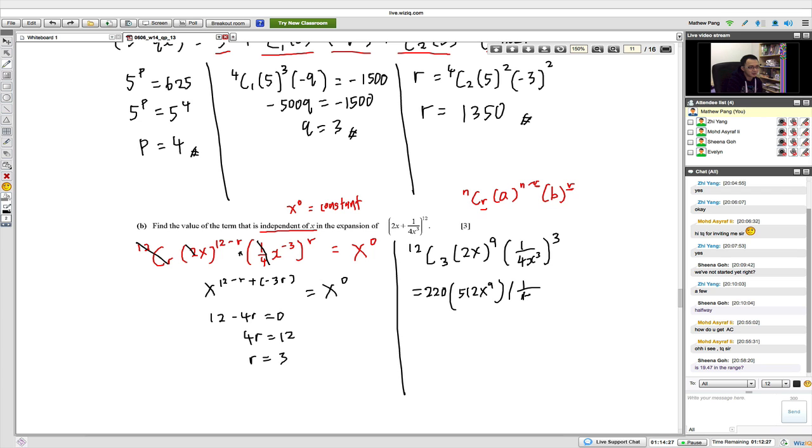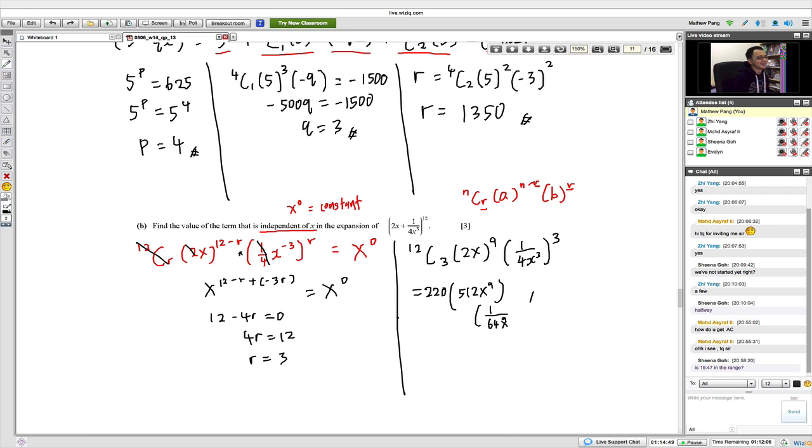What happened here? Cannot write here. It's okay, never mind. I write at the bottom here. It's 1 over 64 x to the power of 9. Please let me write a 9 here. I'm not sure why I cannot write over here.